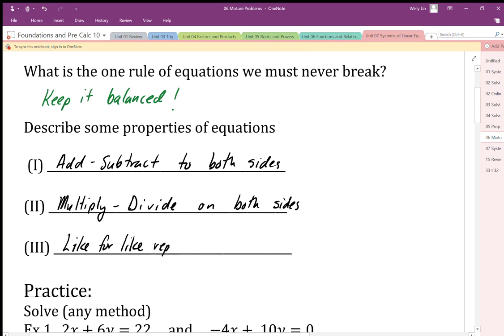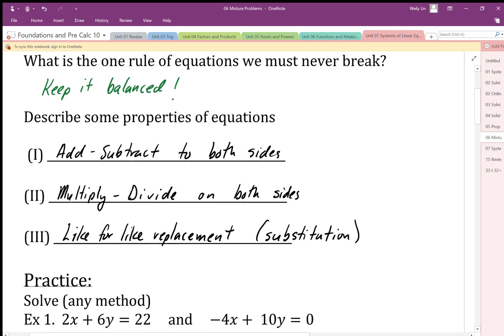So if something is equal or the same, we can replace like for like, which is essentially substitution. These are some properties that we're going to work with to solve systems of equations.